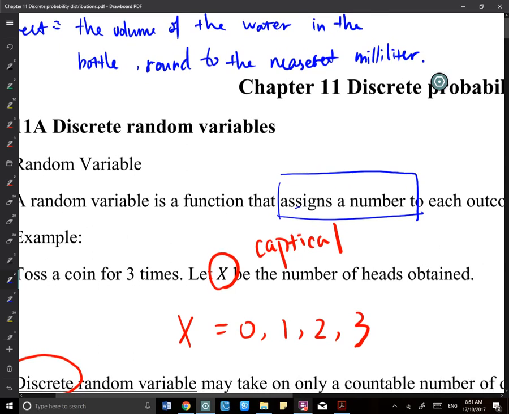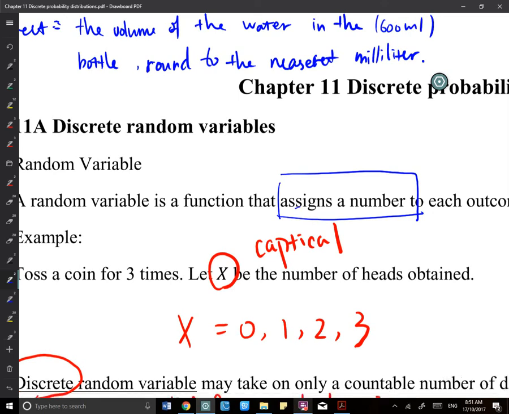The volume in the bottle, like a 600 ml bottle, and I want to round the value I read to the nearest milliliter. So what will I have? I will only have 0, 1, 2, 3, 4, 5, 6 until 600 milliliters.